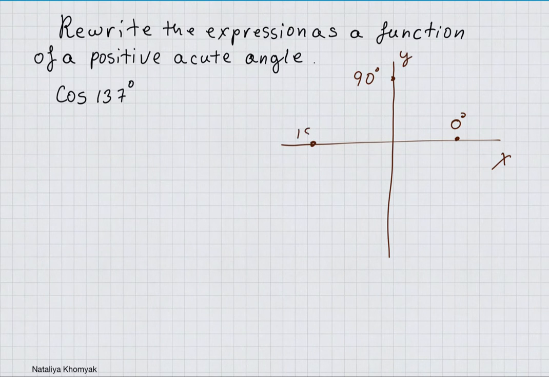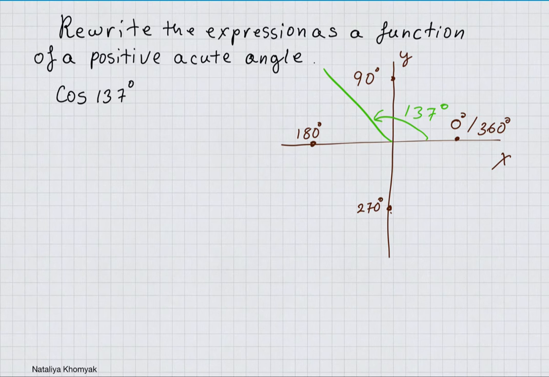Negative x-axis is 180 degrees. Negative y-axis is 270 degrees. Back to the x-axis, we get 360 degrees. So our angle is 137 degrees, and you should be able to tell that it's somewhere in between 90 degrees and 180 degrees. So this is our angle of 137 degrees.